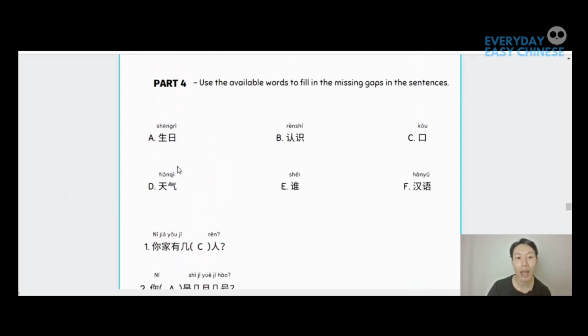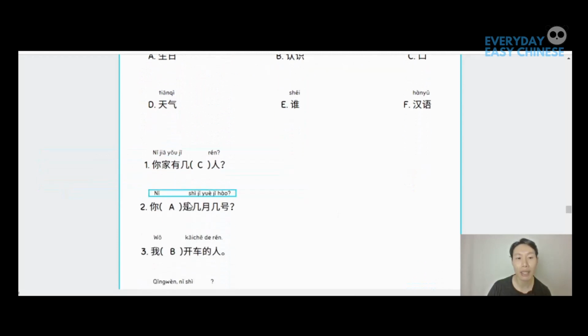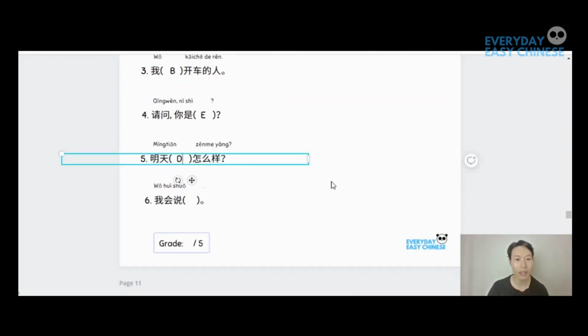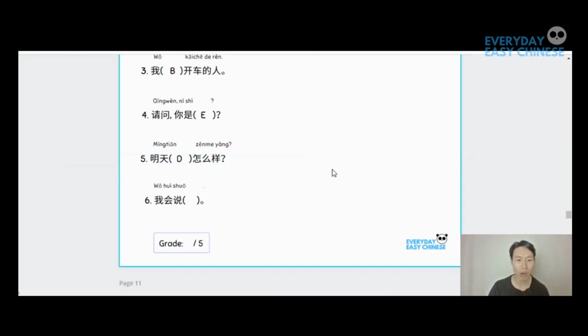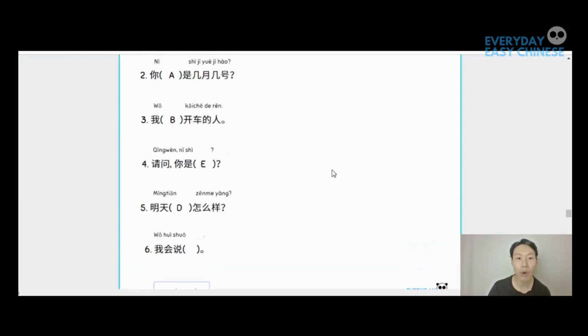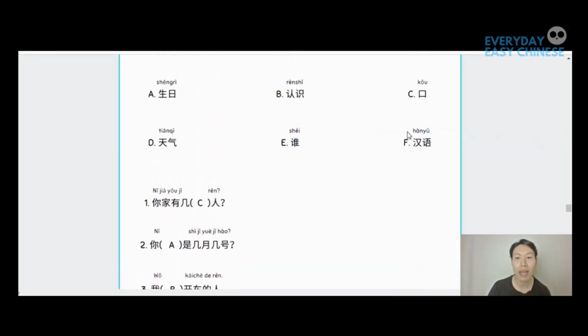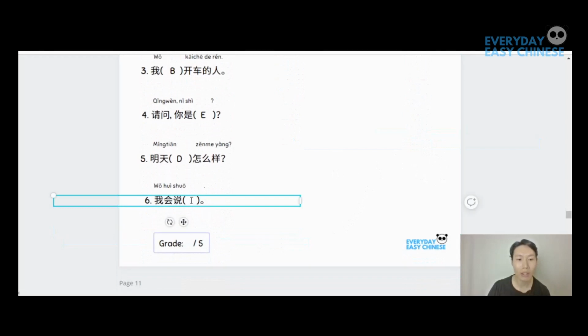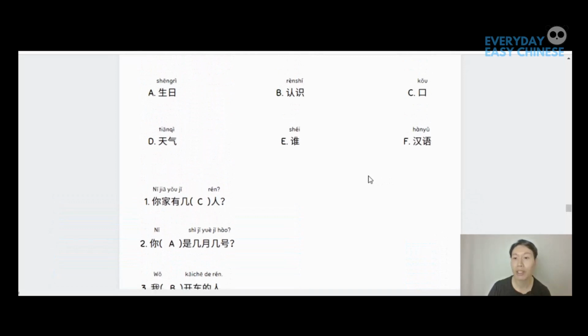So we have this one here, D. 明天天气怎么样? How is the weather tomorrow? Number 6. 我会说. So the final one is 汉语. 我会说汉语 means I can speak Mandarin Chinese.